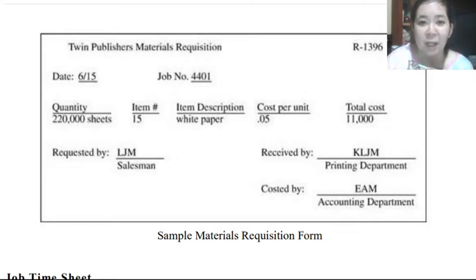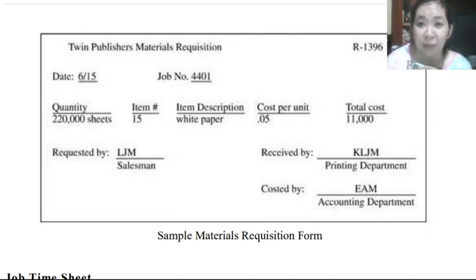And most especially, it should also reflect the person who requested these materials, who received them, and who costed them. This is to make sure that there is segregation of duties, with different employees handling and recording this transaction, to avoid manipulation and fraud later on, and of course to determine who will be accountable if such manipulation or fraud may exist.